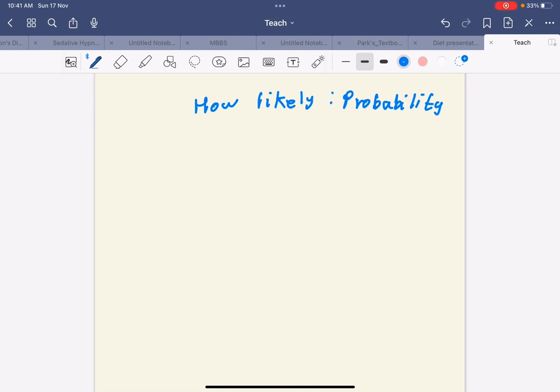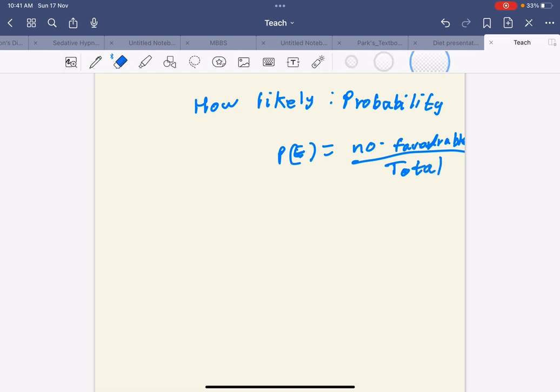That is, P of event E is equal to the number of favorable outcomes by the total number of possible outcomes. That is how we write the probability of events.